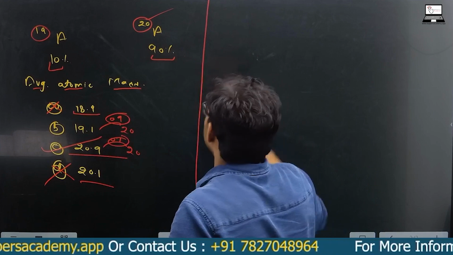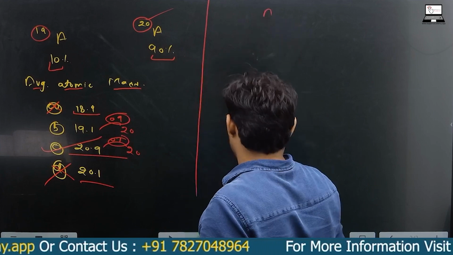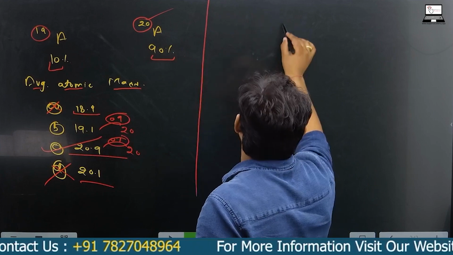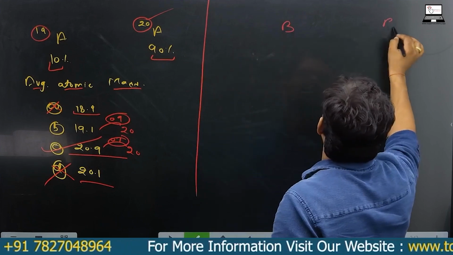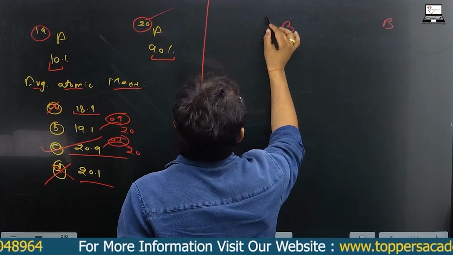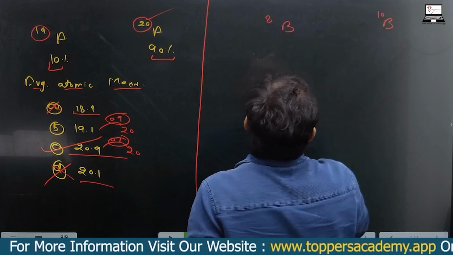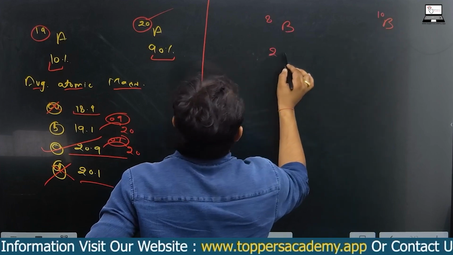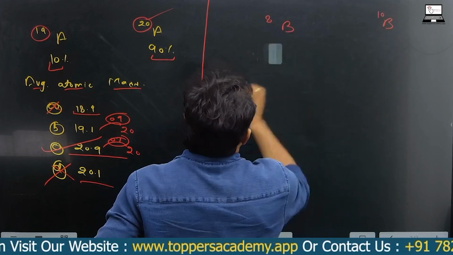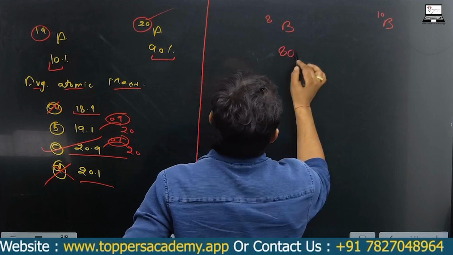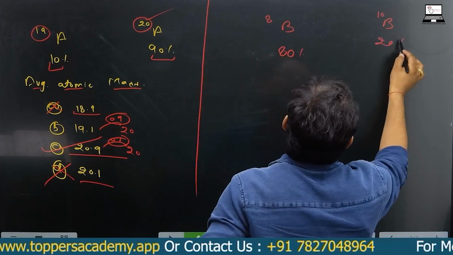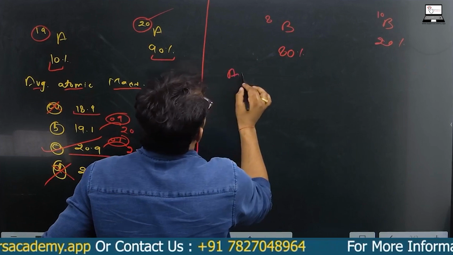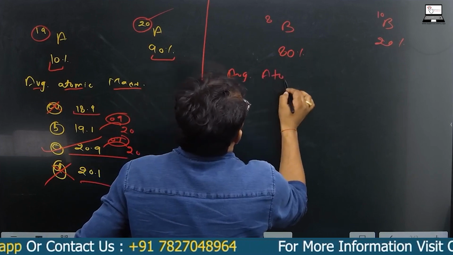Now my dear students, suppose I am taking another example, B. Suppose it is 8 and 10, with percentage abundance of 80% and 20%, and he is asking for the average atomic mass.